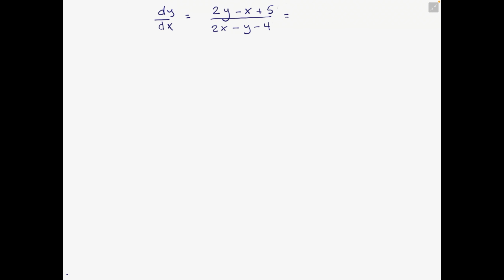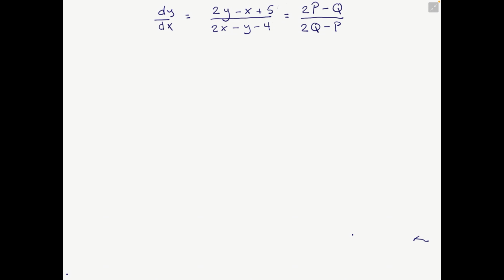We say 2p minus q and 2q minus p. So we're saying here that the numerator is equal to 2p minus q, and that the denominator is equal to 2q minus p. So if we do the math, we solve it like a system of equations.